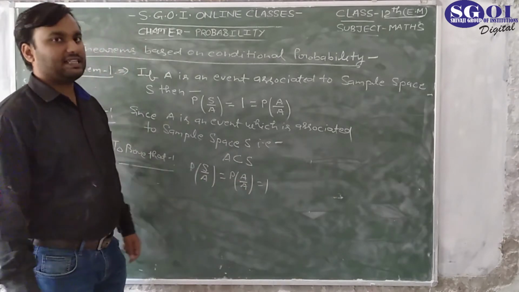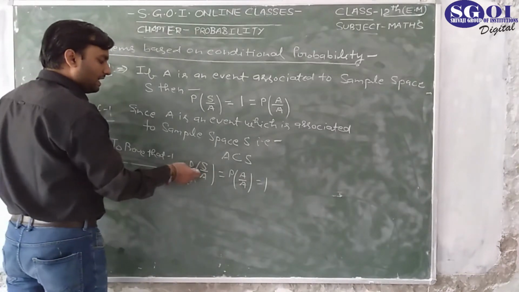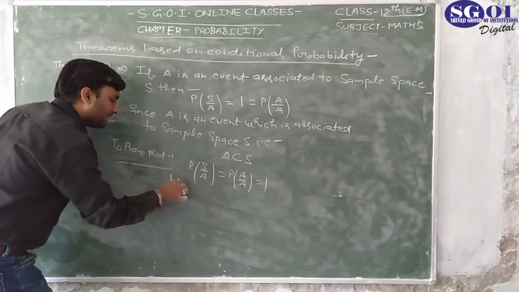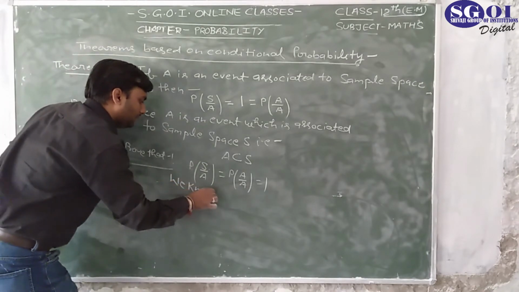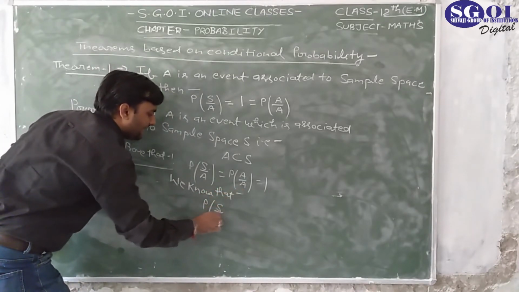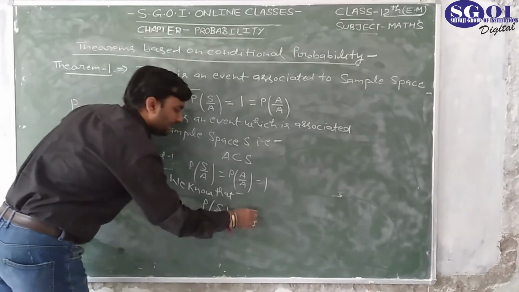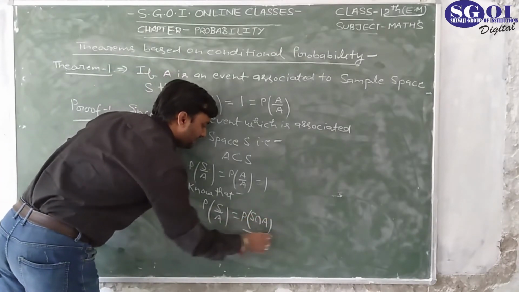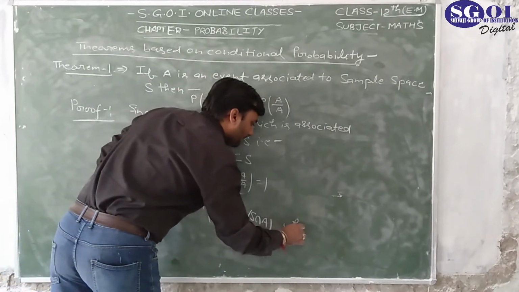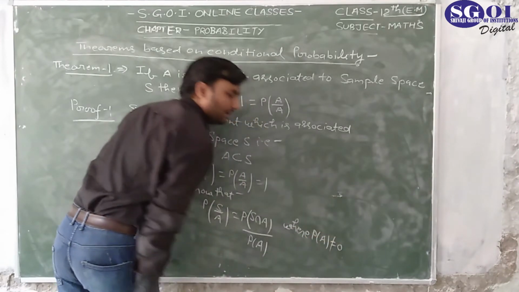So what is the concept? First we will have to define probability S by A. We know that probability of S by A is equal to probability S intersection A by probability of A, where probability of A is not equal to 0.